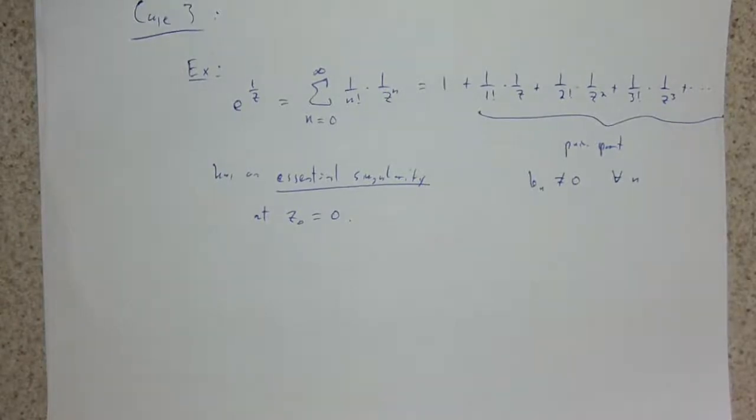Okay, so it's definitely not removable. And it is not a pole because this doesn't stop. This principal part continues on and has non-zero coefficients.